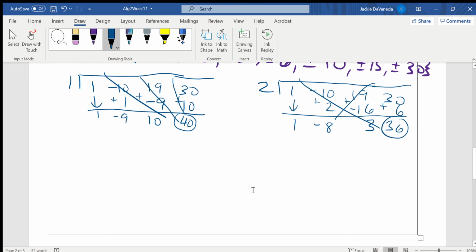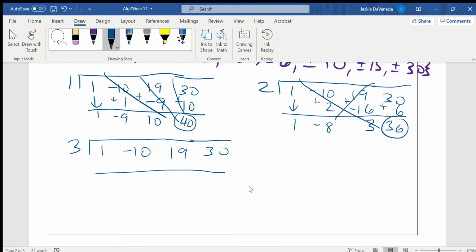Maybe 3 will work. It's a long process, but you'll get there. So we have a 1, a negative 10, a 19, and a 30. Again, bring down, multiply, add. Now we're up to adding.